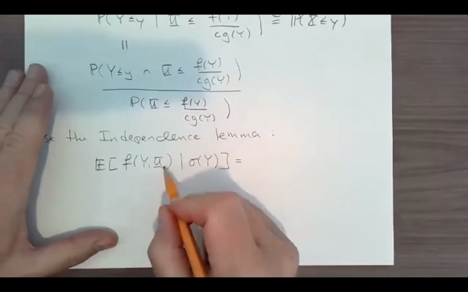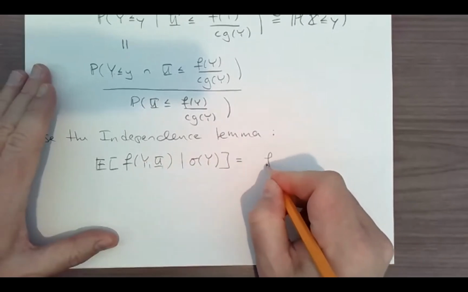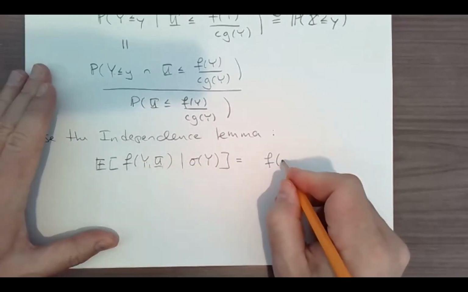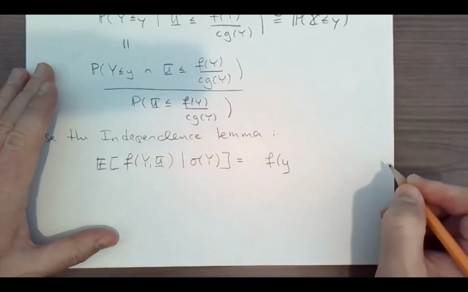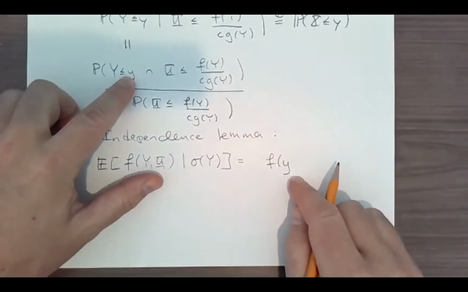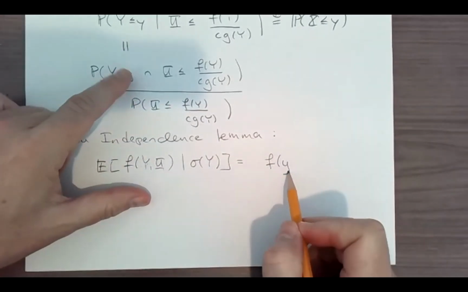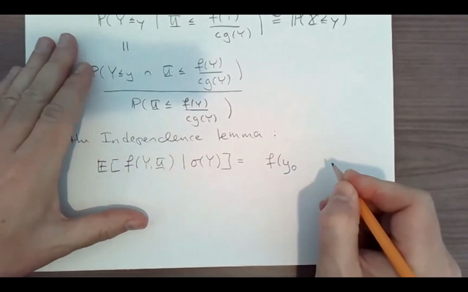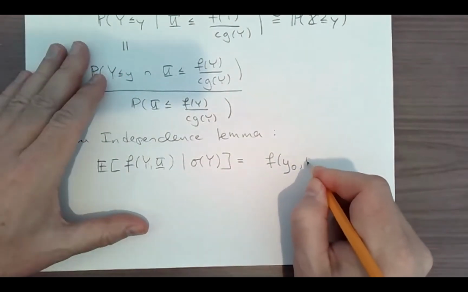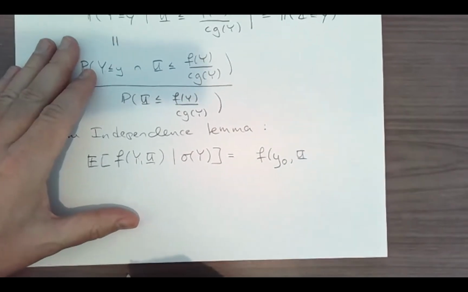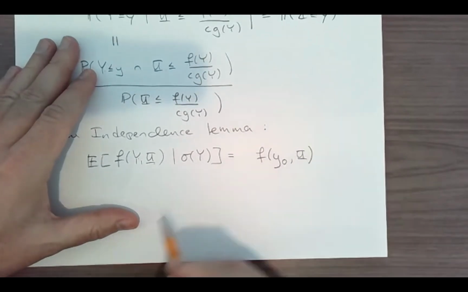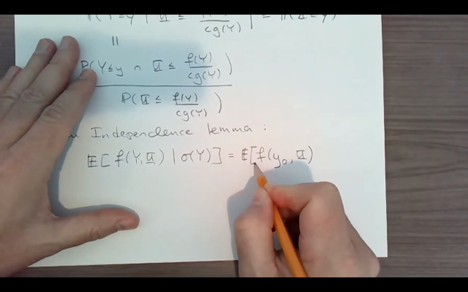Right? So we take the Y, we replace the Y by a dummy. Let me call that dummy, I cannot use the same symbol as the one up here, so I'm going to call this a y0. And then we take the U, keep it there. And then I compute the expectation.